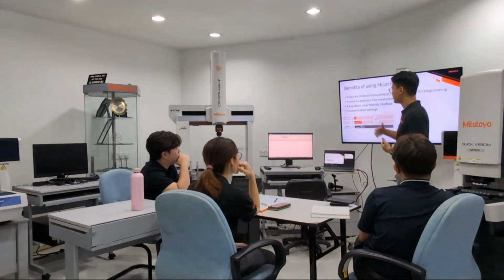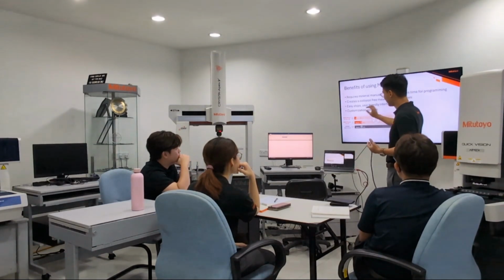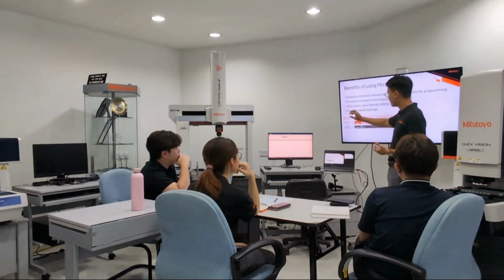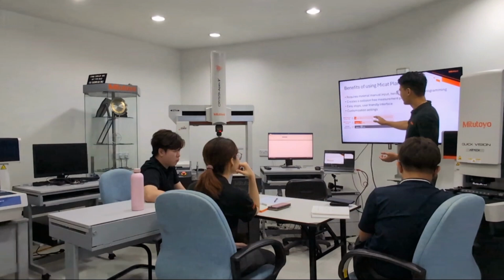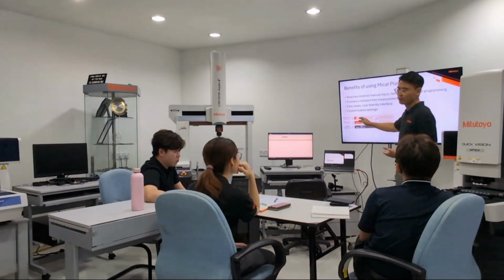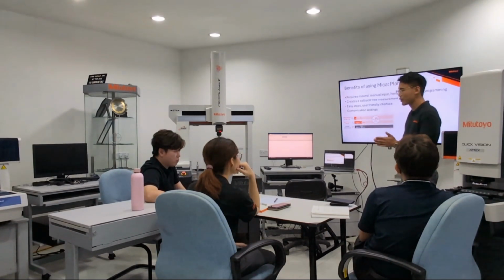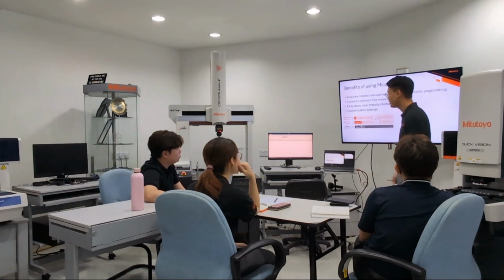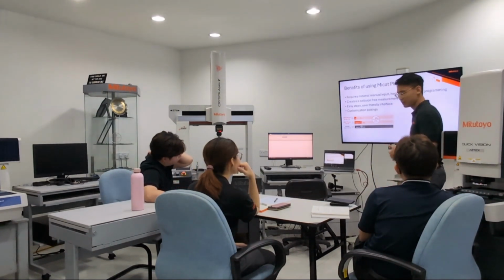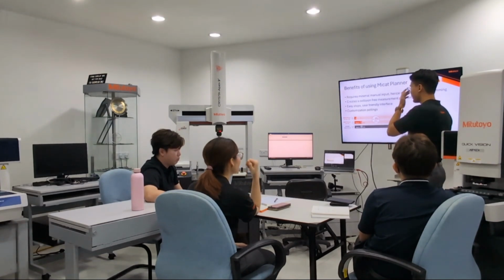If you go one step further, with the PMI data embedded into your 3D CAD file, you can save even more time, down to 3 minutes for program creation. So compared to normal, you can save up to 95% of the time. It increases the efficiency of productivity significantly.